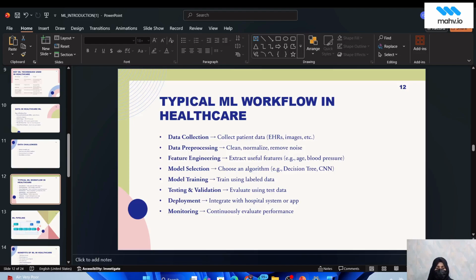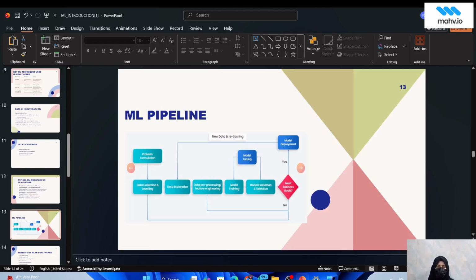And then there is the deployment phase, that integrates with a hospital system or app, and monitoring, where you evaluate the performance continuously. So this is the flow: data collection, data pre-processing, feature engineering, model selection, model training, testing and validation, deployment, and monitoring.